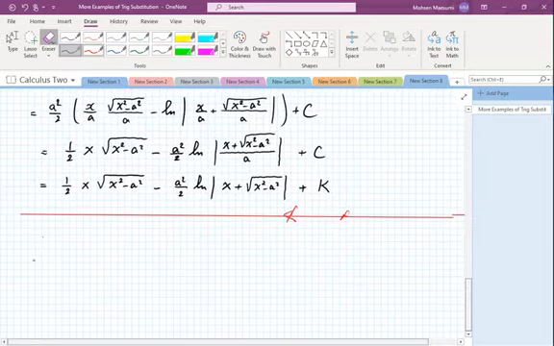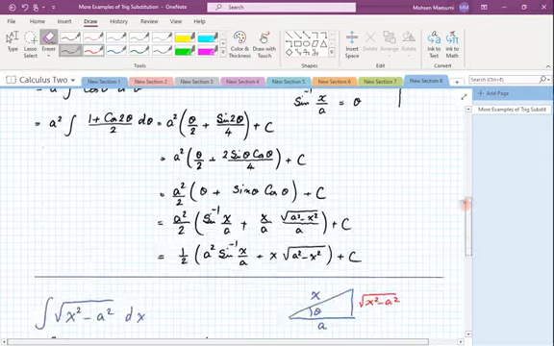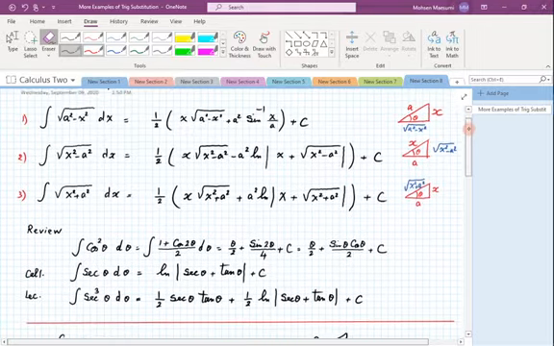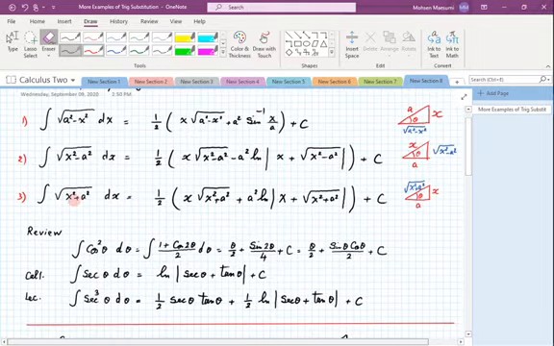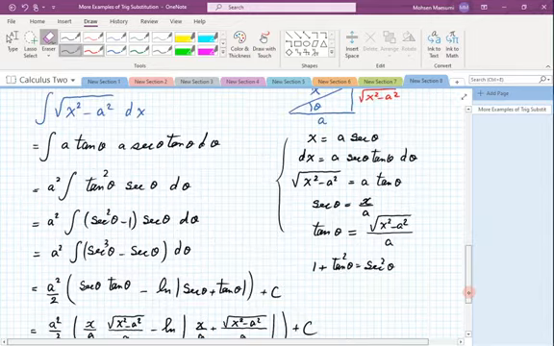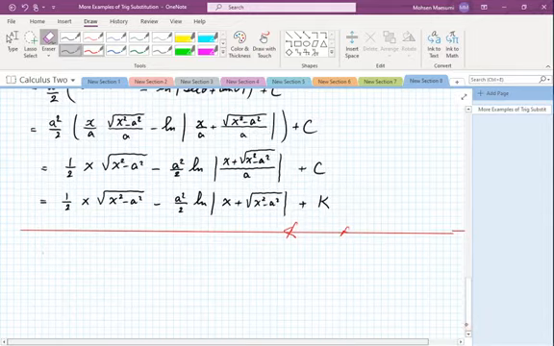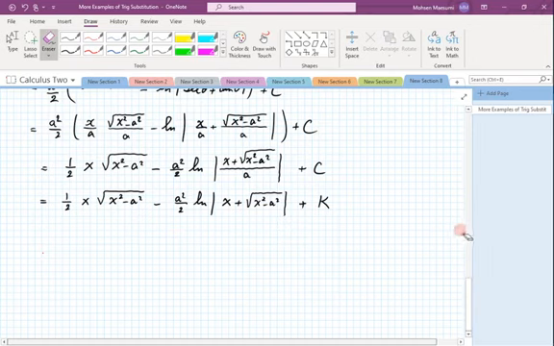In the third formula we have something very similar to the last one, radical x squared plus a squared. We're going to use this formula. Let's see if I have better luck this time, hopefully.